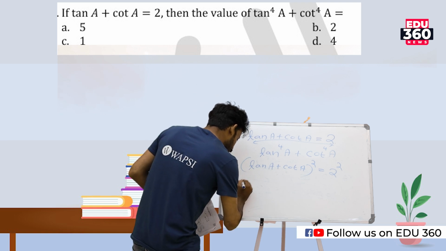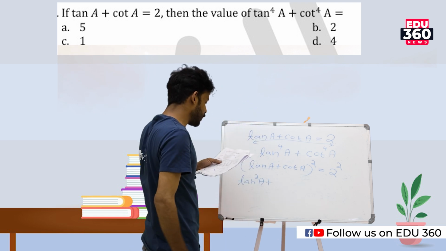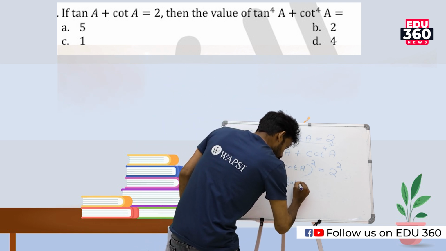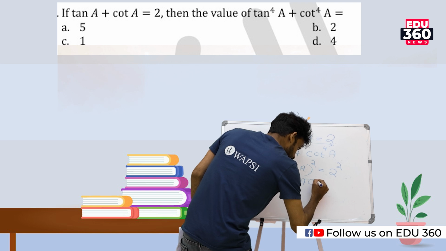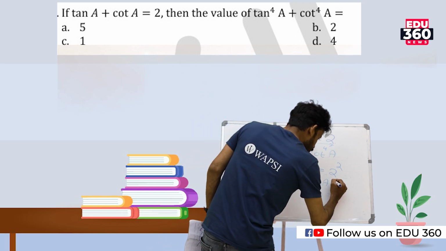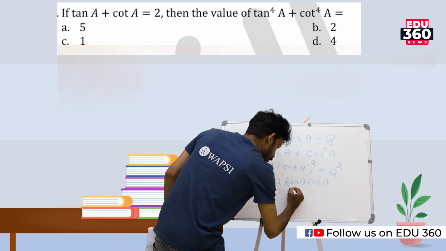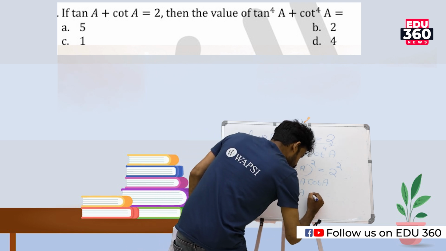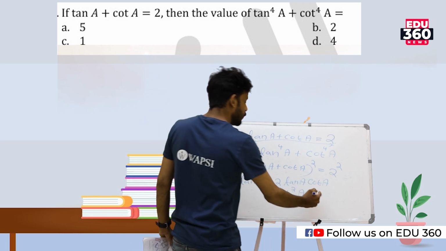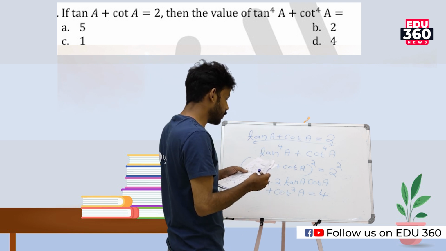So that is equal to tan square A plus 2 tan A cot A plus cot square A, that is equal to 2 square, that is 4.